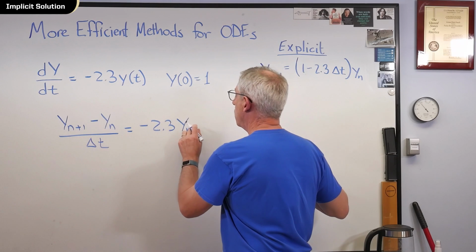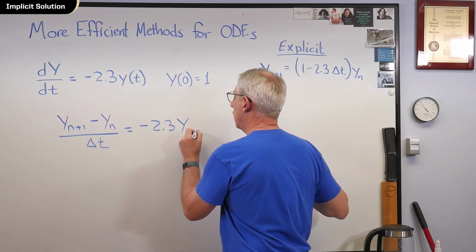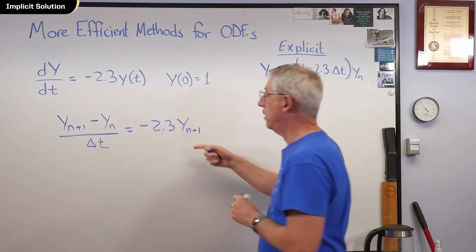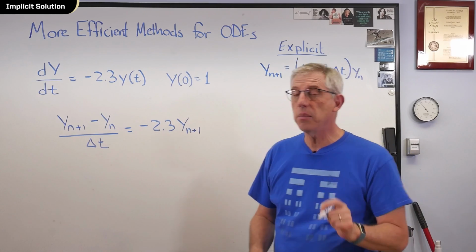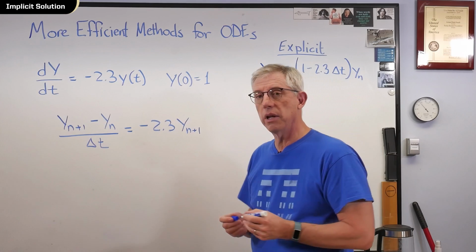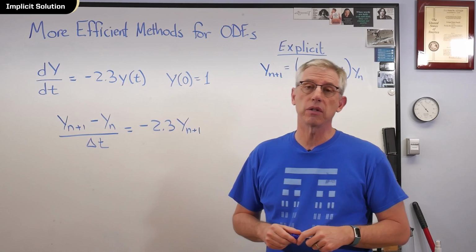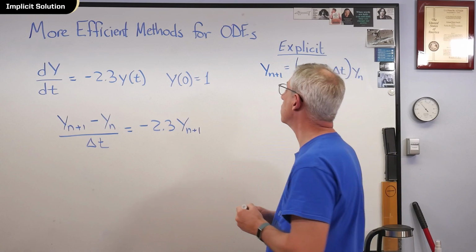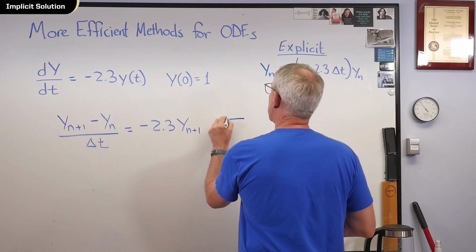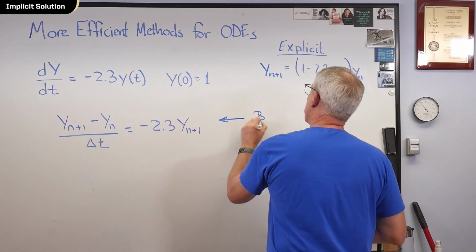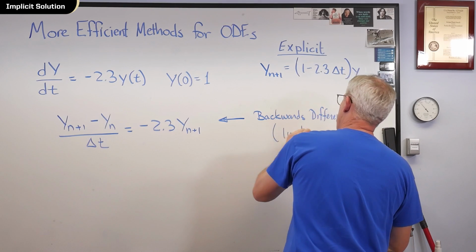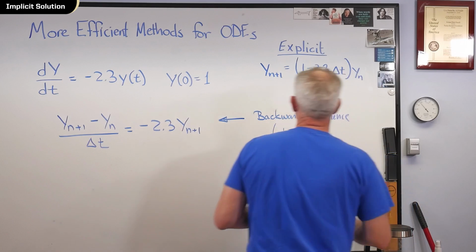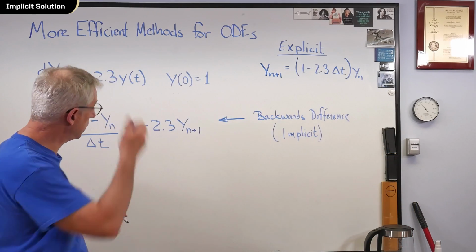When I put the plus 1 in there, it's here's where I am, there's where I was. That's a big difference. This one little change greatly affects the stability of the solution. This is called a backwards difference or an implicit solution.